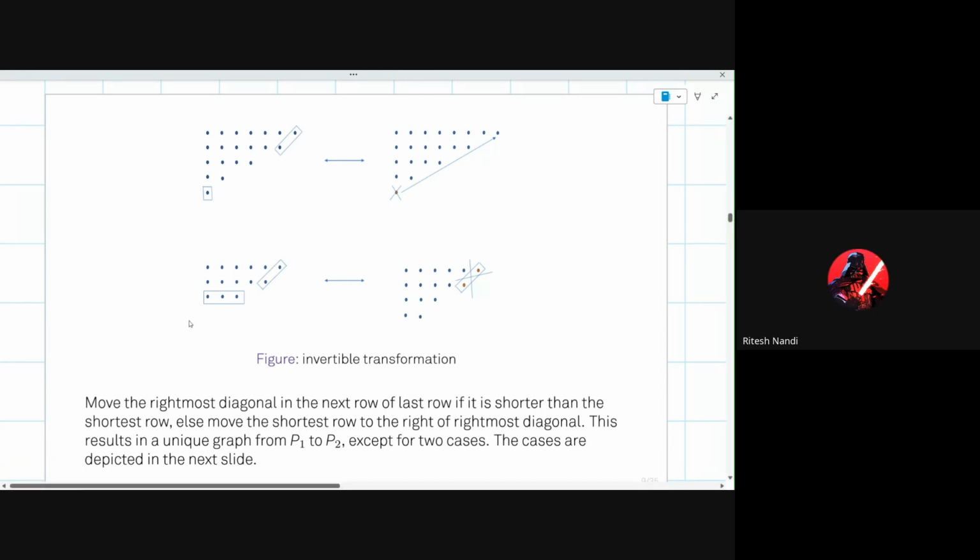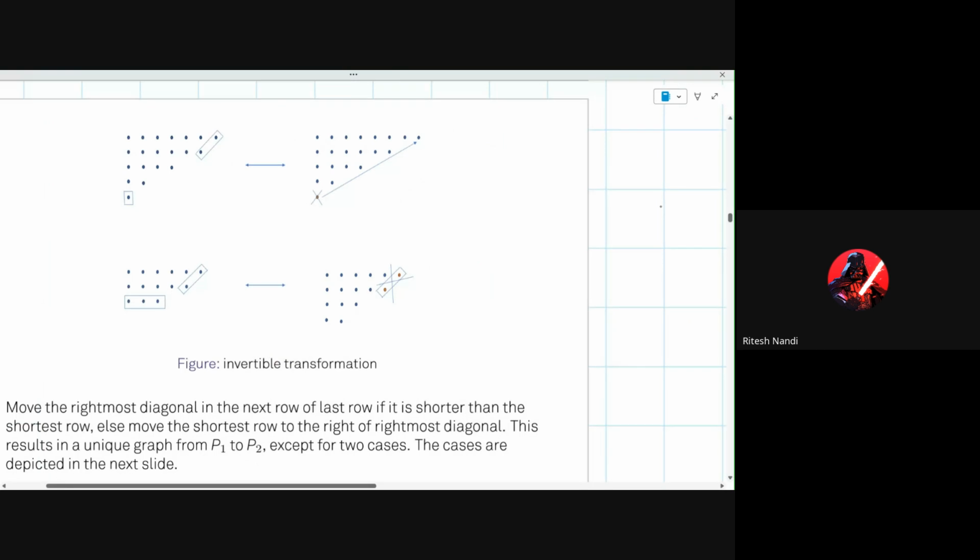Give an example. Okay, so tell me any type of partition. 3 plus 2 plus 1. So here you can see that the rightmost diagonal is this, and the smallest row is this. The smallest row is smaller than this diagonal.